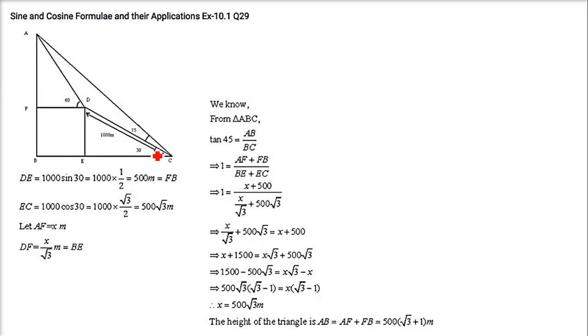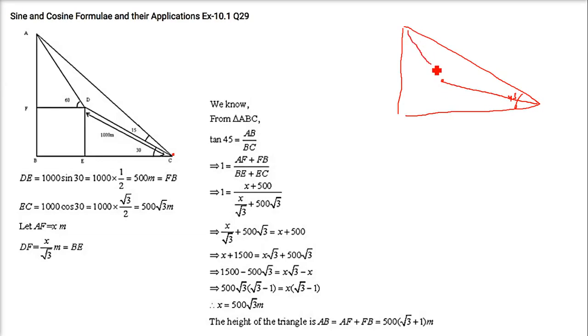Now here the question is that from here a person is watching the top and the angle is 45 degree. So this is the top, he is watching this to be 45 degree. Now at 30 degree, there is a slope, he reaches here.